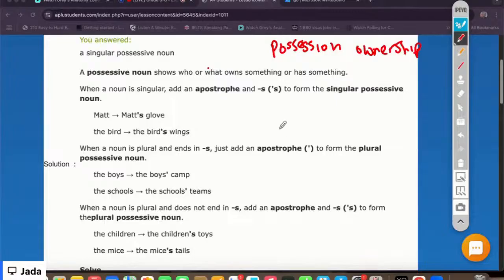When a noun is singular, you need to add an apostrophe and s to form the singular possessive noun. For example, we have Matt, and that is a singular noun. If you want to make a singular possessive, you have to add the apostrophe and then the s. Okay?